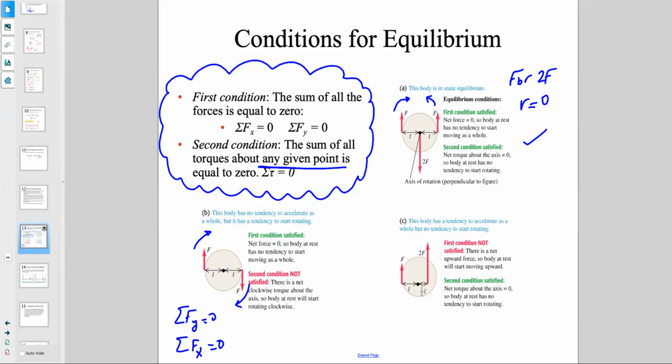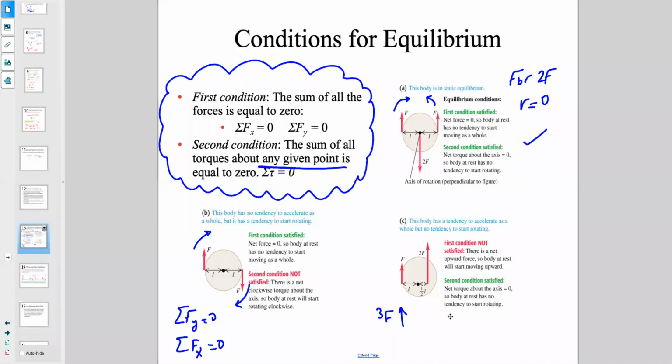And if you're looking at C, the first condition is obviously not satisfied. We have a total force of 3 Fs up, as you can see right here. So we have 3 Fs up, 2F and 1F will give us 3 Fs, okay?